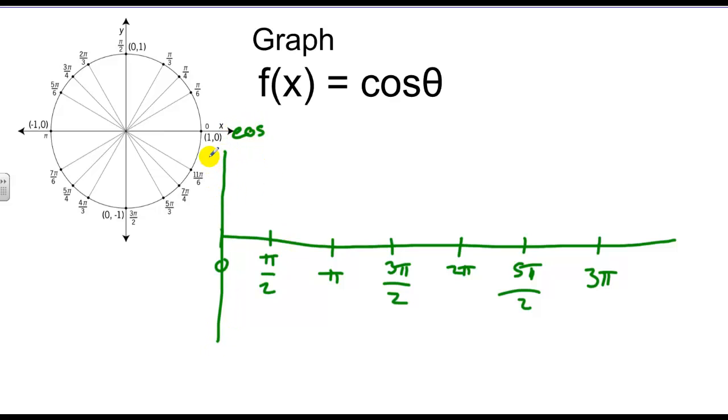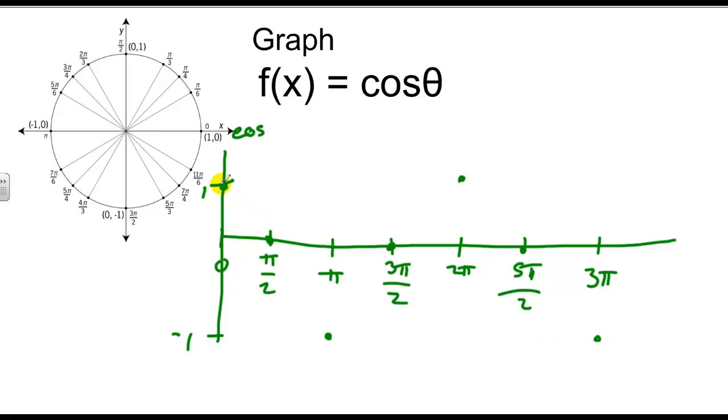And when I do that, I'm looking for my x values. So at 0, my x value is 1. At pi over 2, my x value is 0. At pi, my x value is -1. 3 pi over 2, my x value is 0. 2 pi, my x value is 1. 5 pi over 2, x value is 0. 3 pi, x value -1.